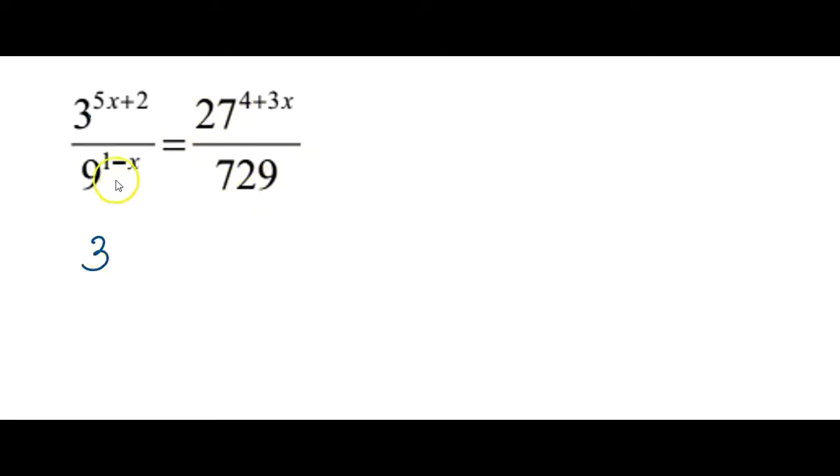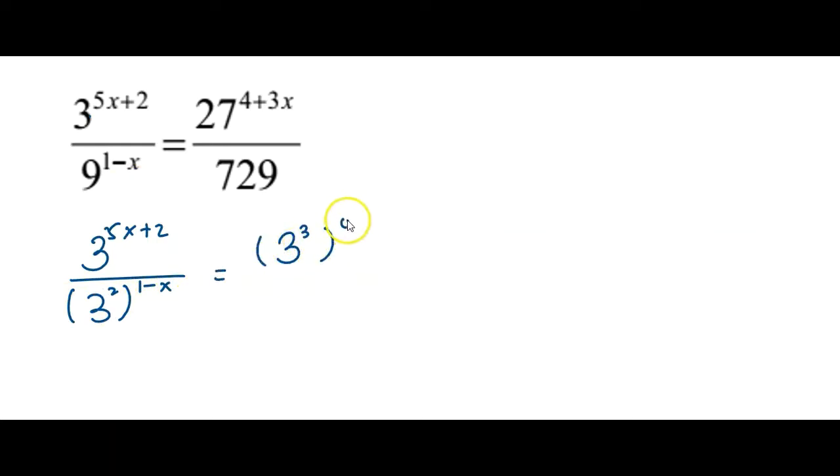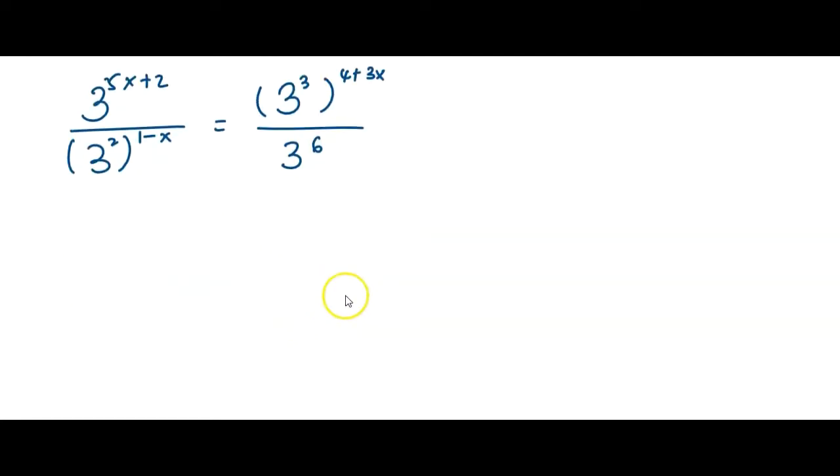So before we combine them, we can write 9 as 3 power of 2, power of 1 minus x. And 27 can be rewritten as 3 power of 3, and this has the power of 4 plus 3x. 729 is equivalent to 3 power of 6. Okay, so everything is already in base 3.